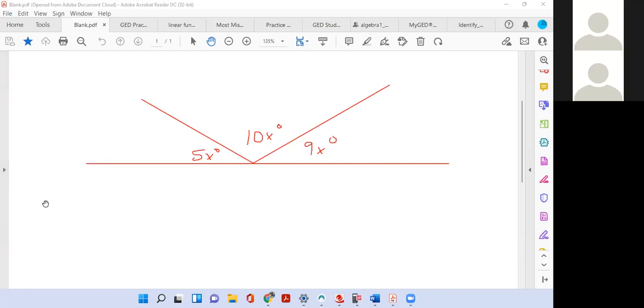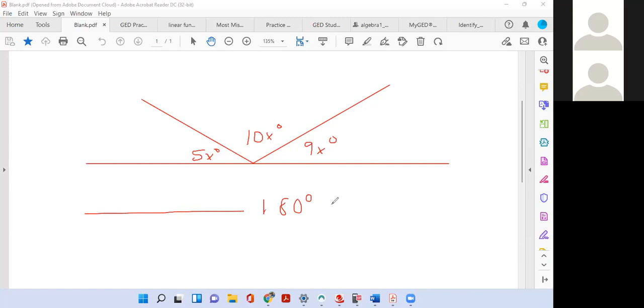So what you want to remember is if you look at this, you always go with what you know. Always start with what you know. So we know a straight line is 180 degrees. Remember, less than 90 is an acute angle, a 90-degree angle is a right angle, and more than 90 degrees is an obtuse angle.